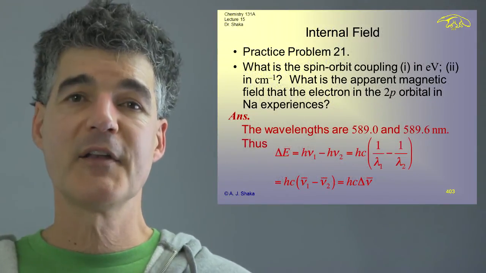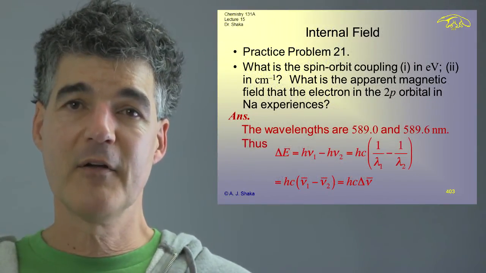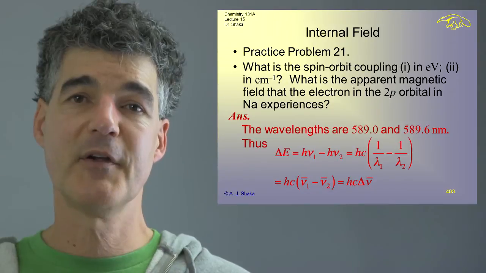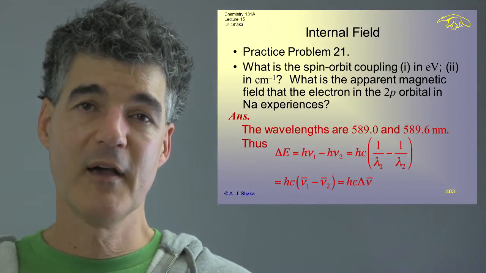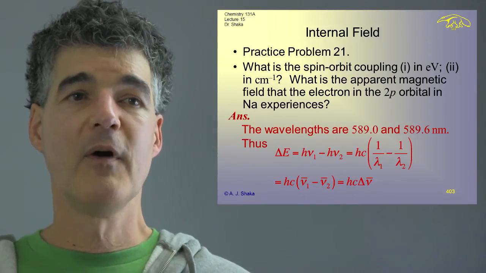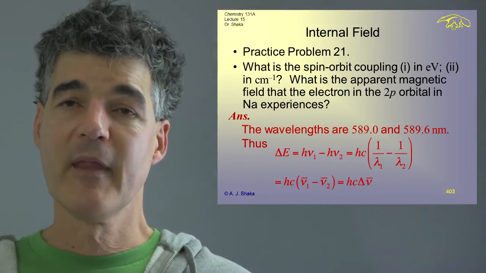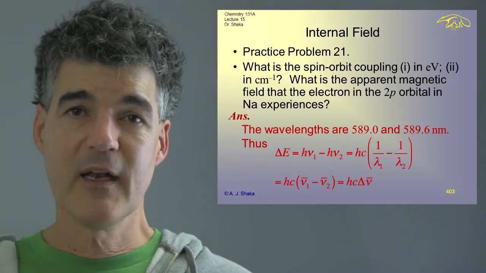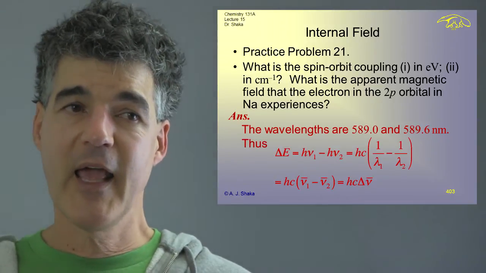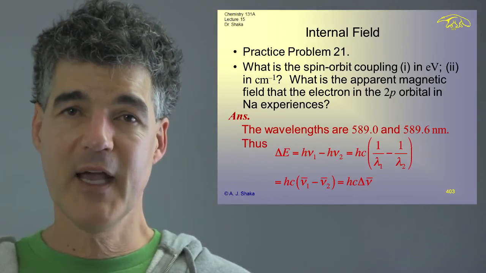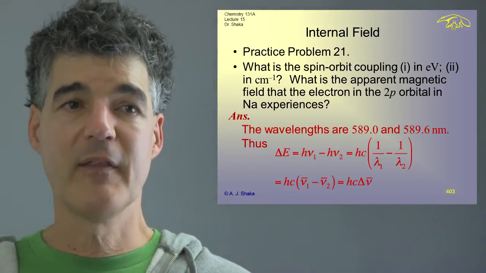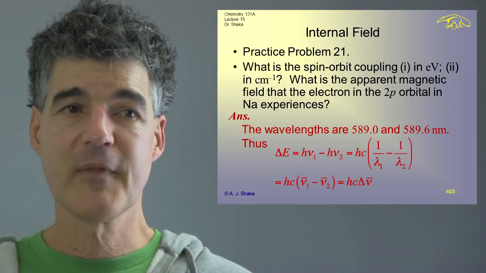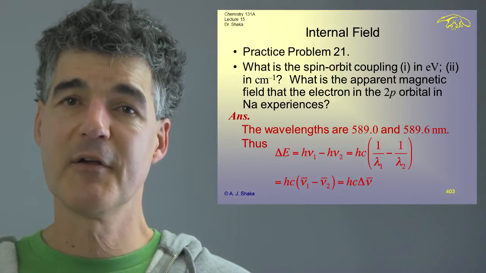So let's do a practice problem and figure out what kind of field it experiences after we figure out exactly what the spin-orbit coupling is. What's the spin-orbit coupling in wave numbers, in electron volts, and what is the apparent magnetic field that the electron in a sodium atom in the 2p orbital experiences?